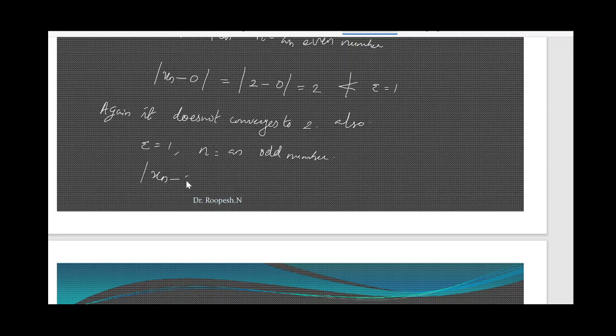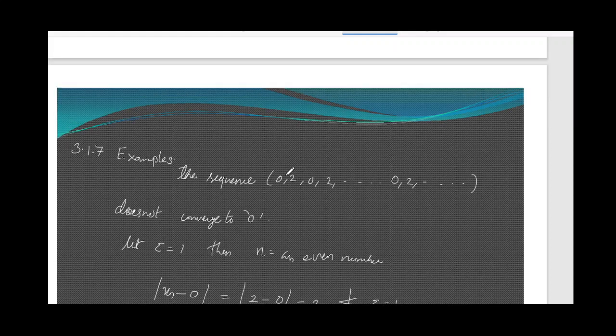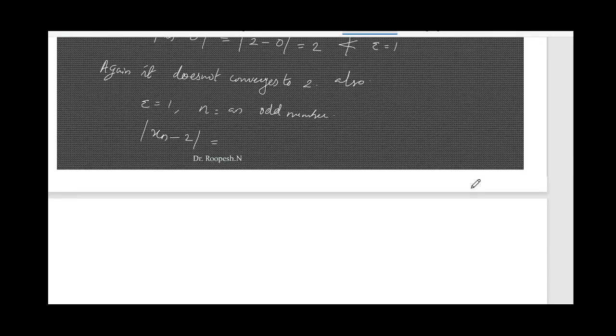Modulus of xn minus 2 I want to take. Now whenever n is odd, xn from the sequence, n is odd, 1, 3, 5, everything is 0, right? So when n is odd, what I am getting is 0 minus 2.